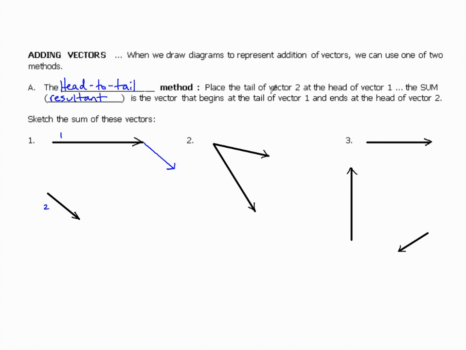So you take the tail of vector 2, that was here, to the head of vector 1, and the sum is the vector that begins at the tail of vector 1 here and ends at the head of vector 2 here. I'm not using a ruler, so I'm going to do my best here. One more try. There we go. And this is going to be labeled the sum.